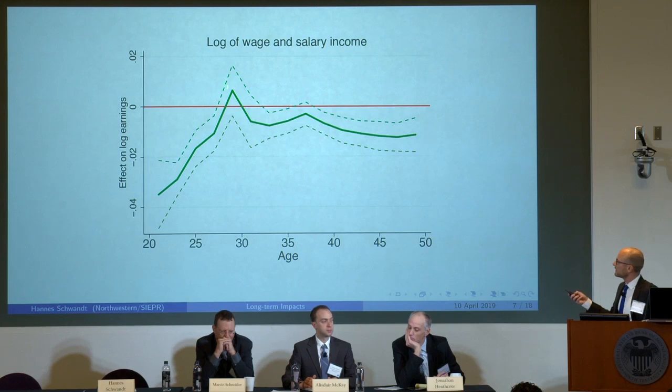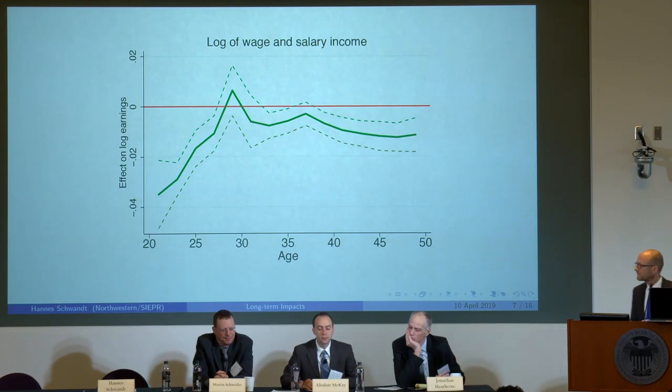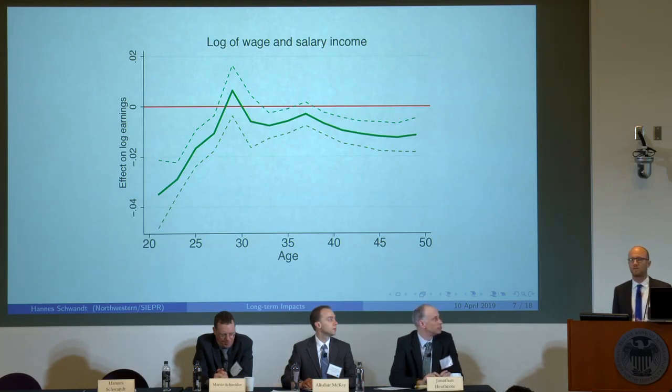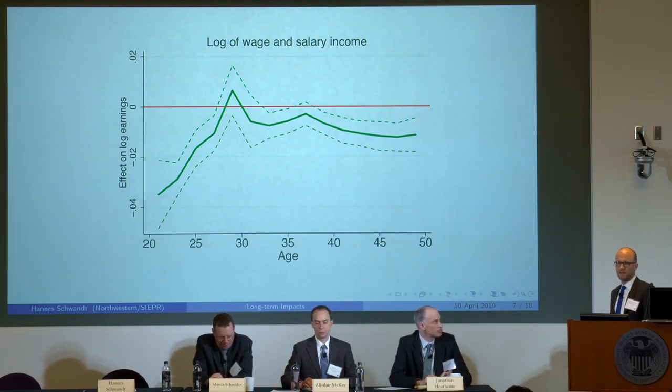However, then it reappears as a permanent, persistent 1% income loss. And one might be really surprised, given that the common agreement so far has been that these effects seem to fade out. However, I wanted to say that first, a lot of the existing evidence has focused on college graduates.